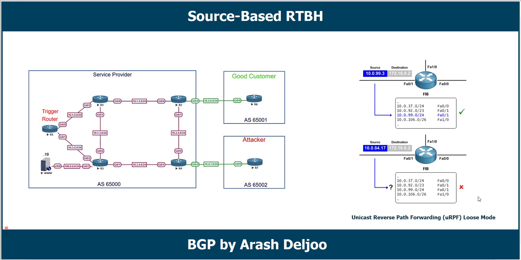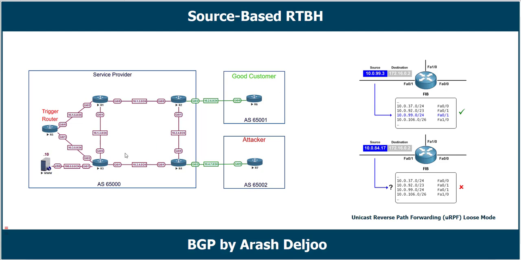Because of that, the traffic will be discarded. This is the feature we call uRPF loose mode. There is a little difference between uRPF loose mode and strict mode. I'm not going to explain uRPF itself, but we use uRPF loose mode with RTBH to create source-based RTBH. We can say source-based RTBH is an extra feature over destination-based RTBH.